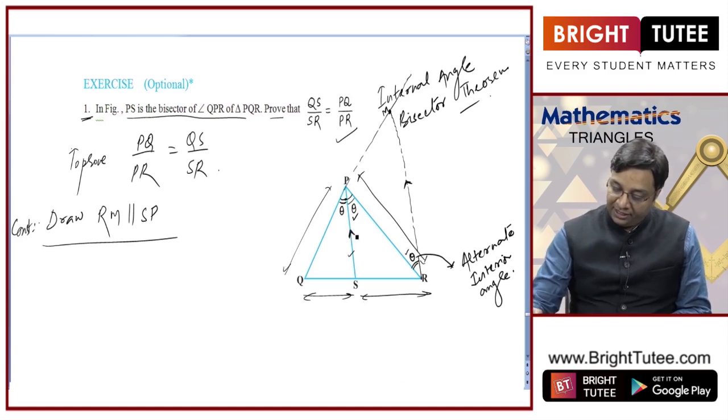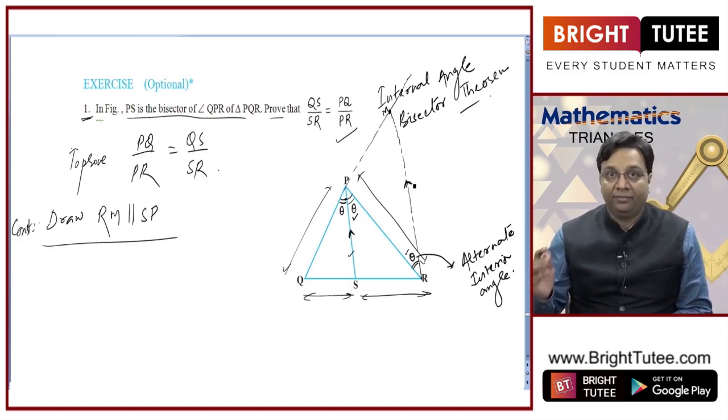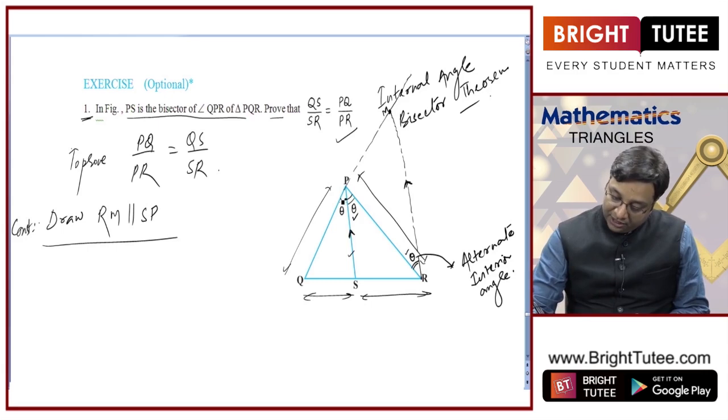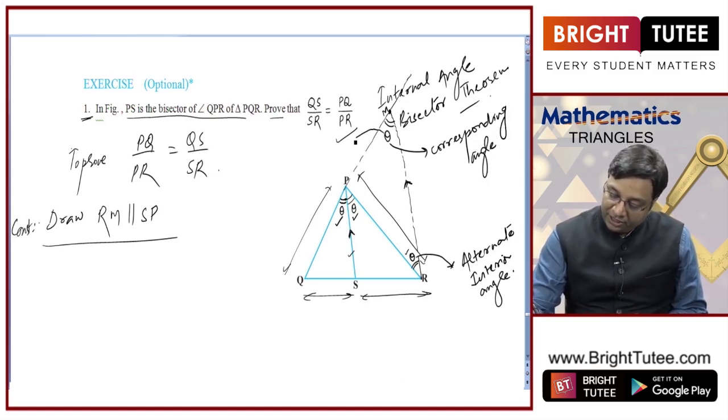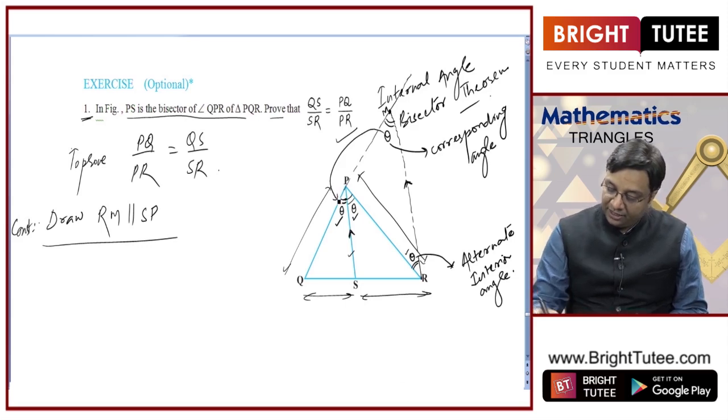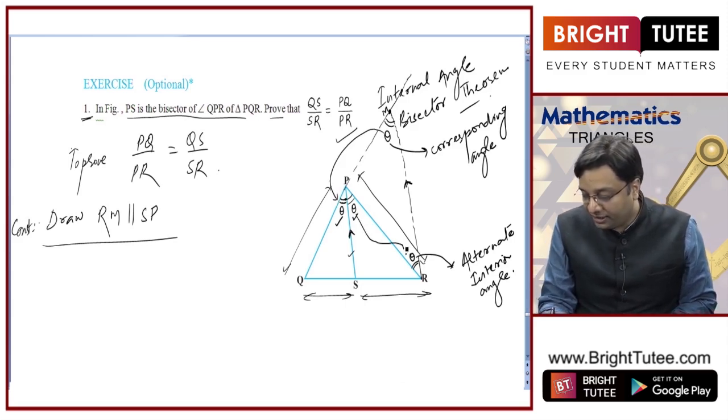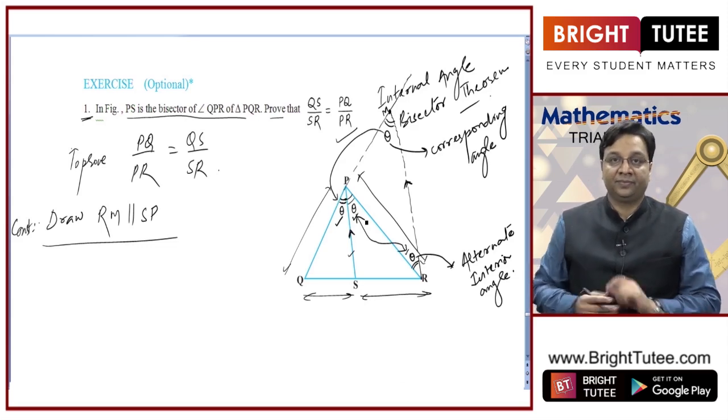Now PS is parallel to RM by construction, so this angle here will be equal to this angle. Why? Because this is a corresponding angle. This is the corresponding angle of this angle here, and these two are alternate interior angles.